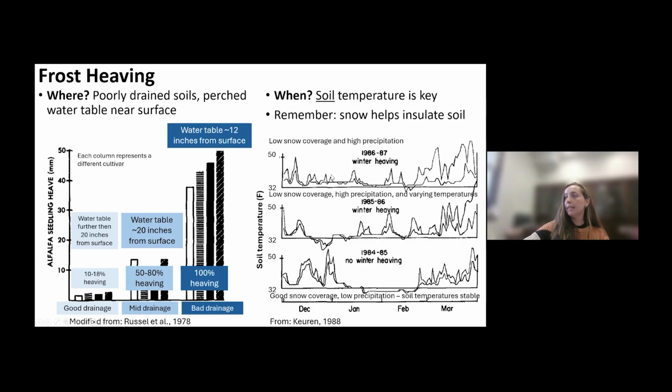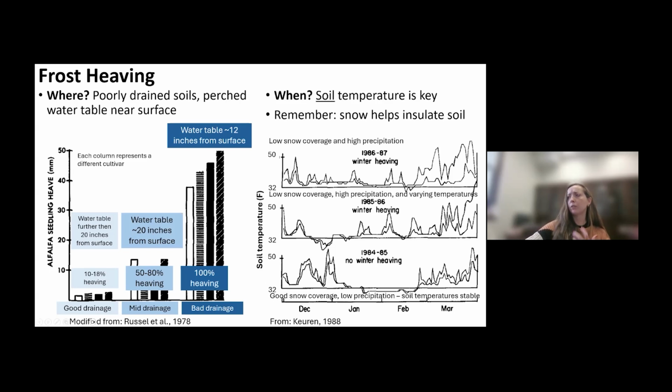You can see that for the winter seasons where there was heaving, the soil temperature varies a lot, going below and then above freezing. And in common, those 2 years had low snow coverage, high precipitation, and a lot of variation in temperature.